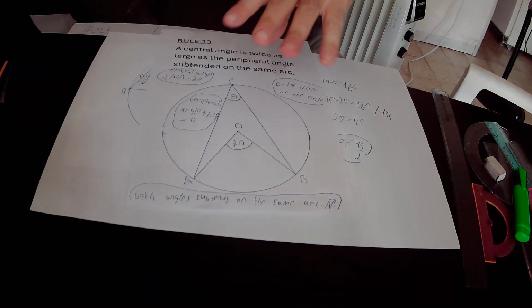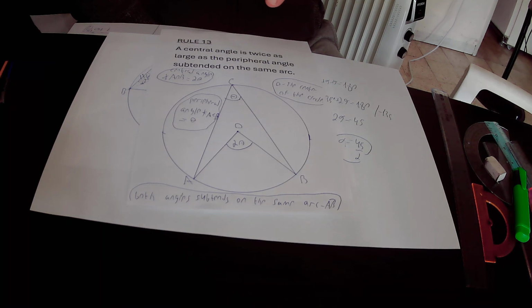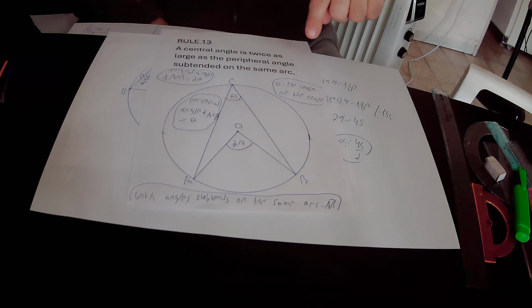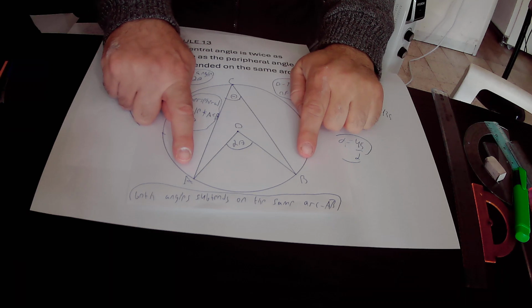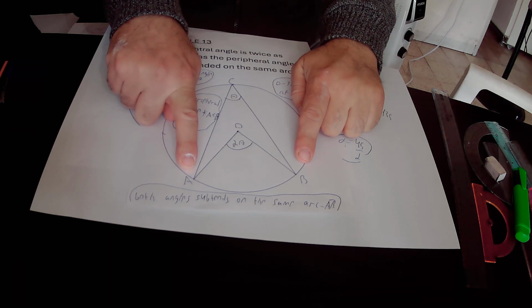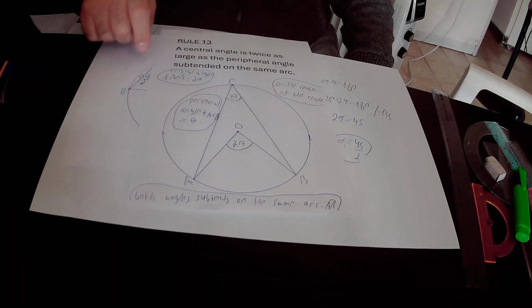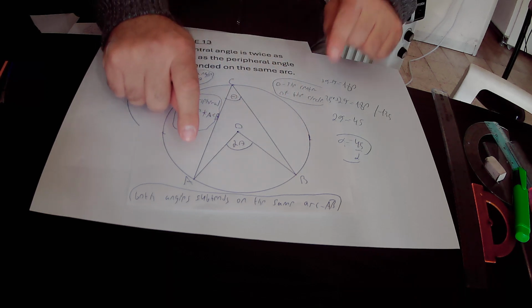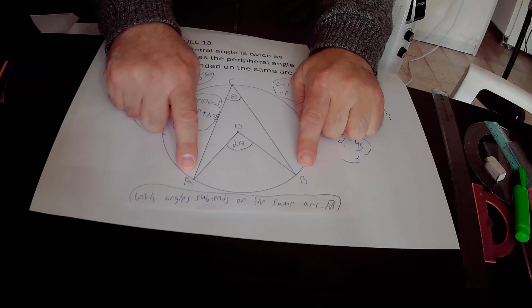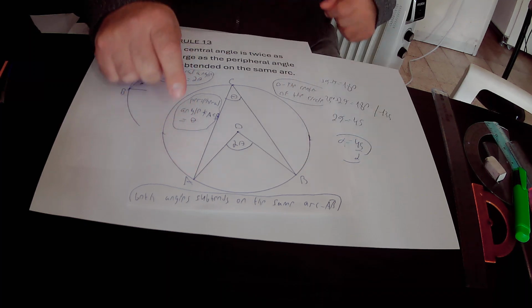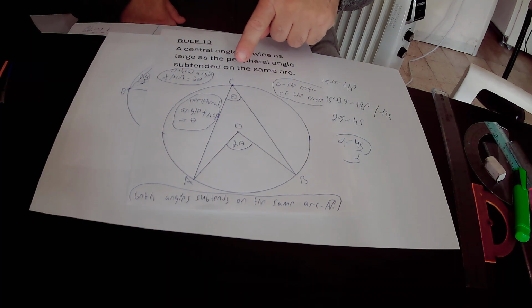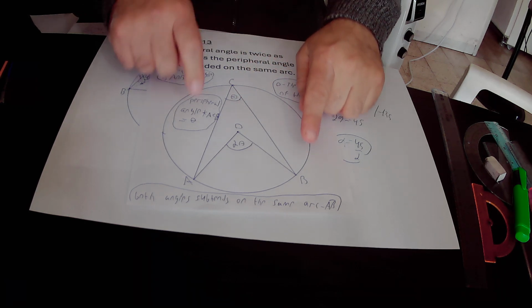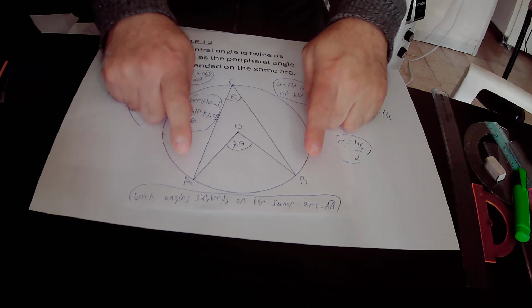So we have a circle. Inside this circle we have peripheral angle ACB. This peripheral angle ACB subtends arc AB. And we have central angle AOB that subtends the same arc AB. Again, peripheral angle ACB and the central angle AOB both subtend the same arc AB.